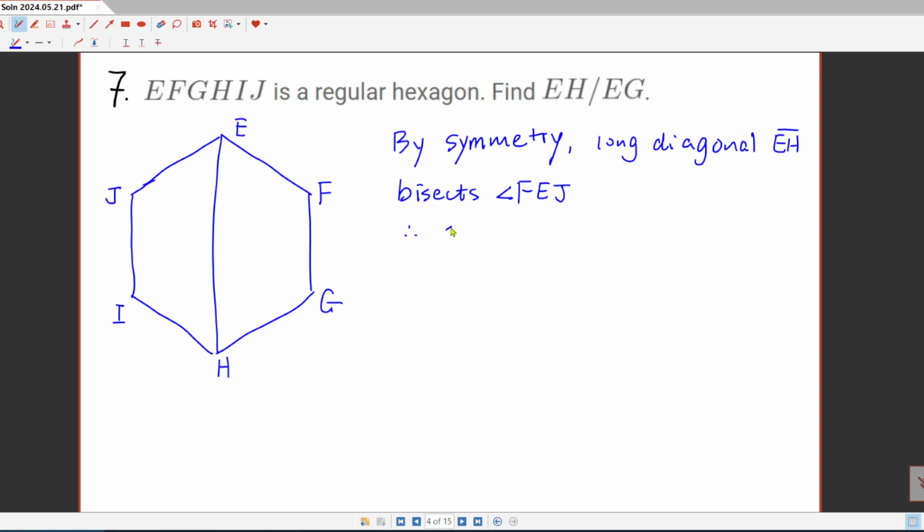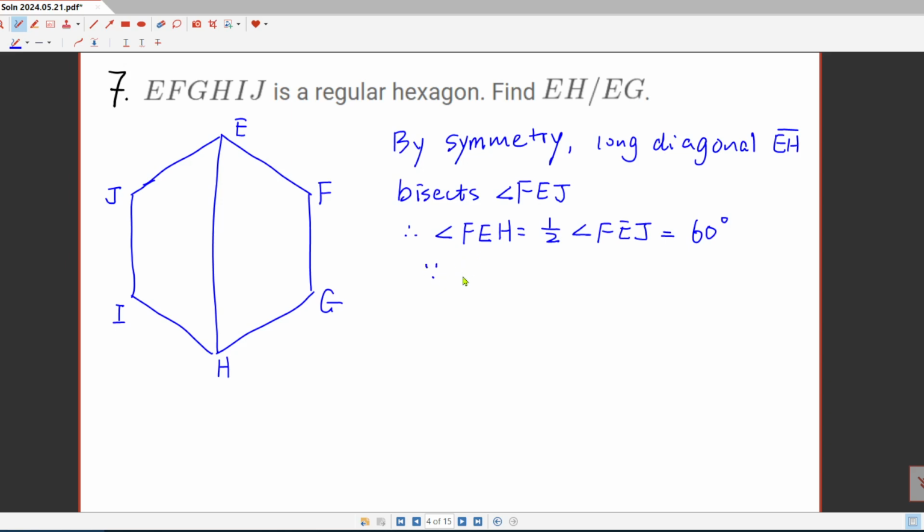And therefore we know angle FEH is 1/2 of angle FEJ, which is 60 degrees. We know each of the interior angles of a regular hexagon is 120 degrees.